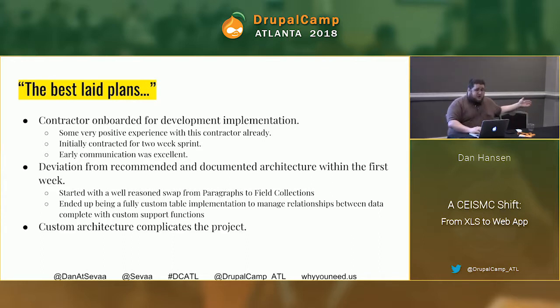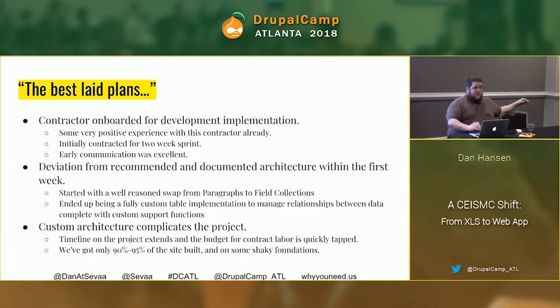The custom architecture obviously complicated the project, which means the timeline on the project got longer, the budget for the contract labor got tapped, and finally, by the time the contractor leaves and isn't working on the project anymore, we've got 90 to 95% of the site built, and it's on some pretty shaky foundations.